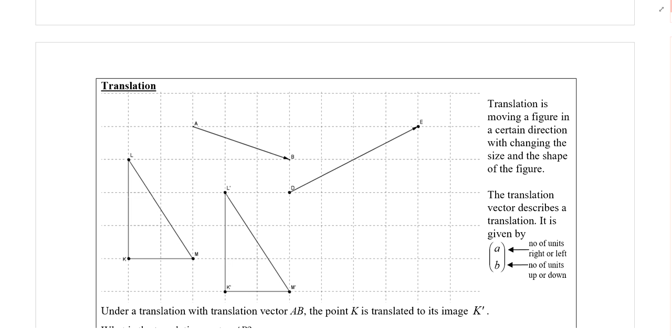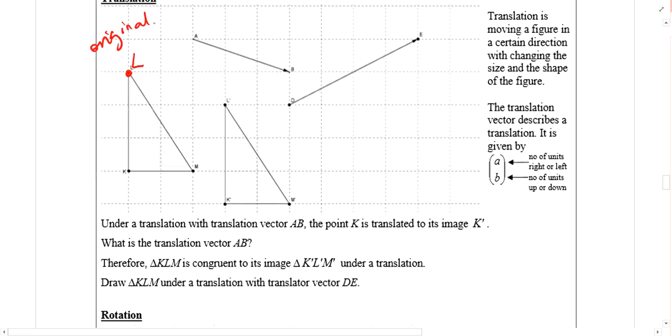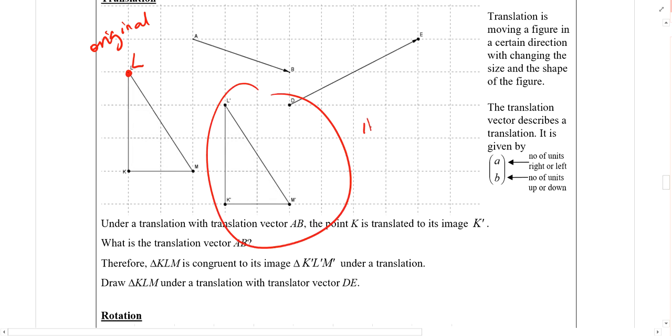Now, here I've got point L. Okay, so you can see clearly it's point L. This triangle is transformed from the original to the, this is known as the image. It is transformed from the original to the image.